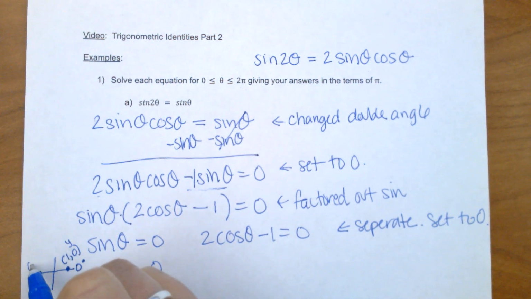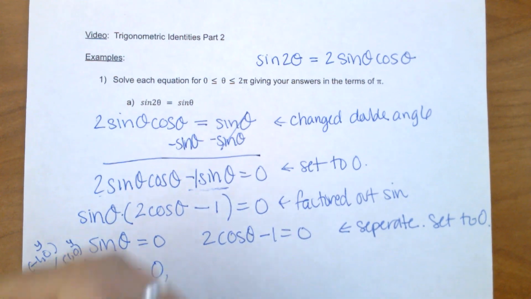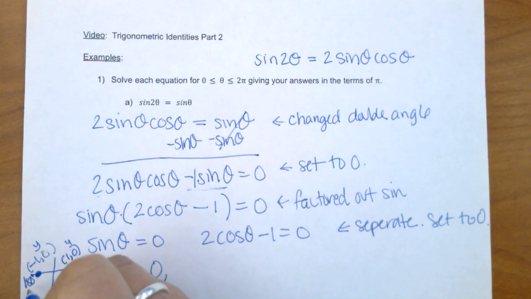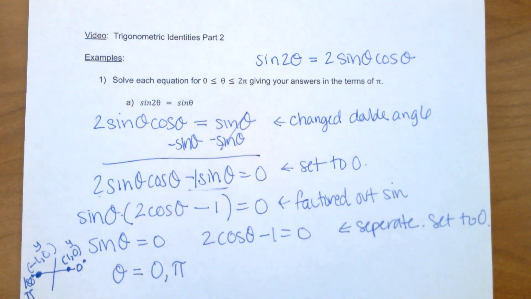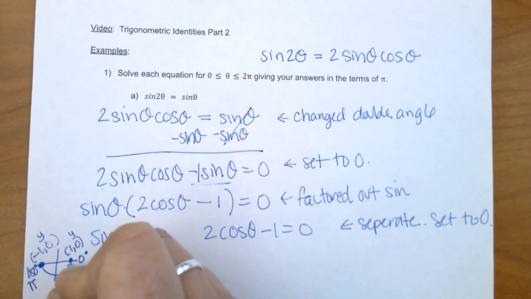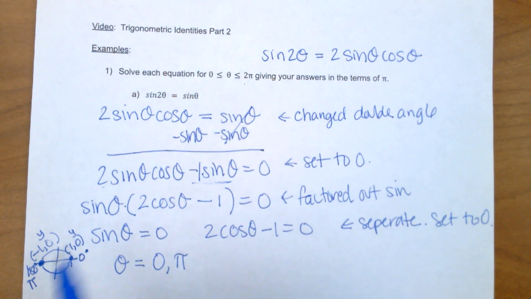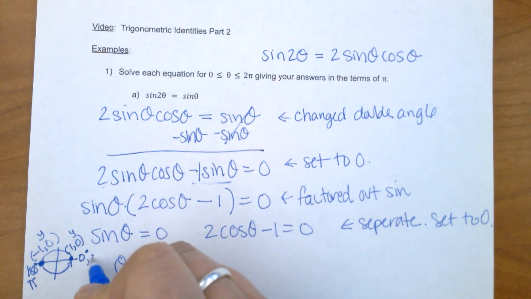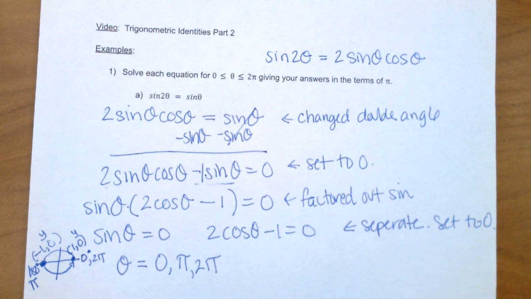Well, I'm going to find this point right here, (-1, 0). My y value is also 0. And this is at the 180 degree mark, which is pi. So 0 and pi. I don't need a degree mark on this because we are in radians. Where else? Because this is less than or equal to 2 pi, I can keep going and land back on 360 or 2 pi. So there are my 3 answers there.